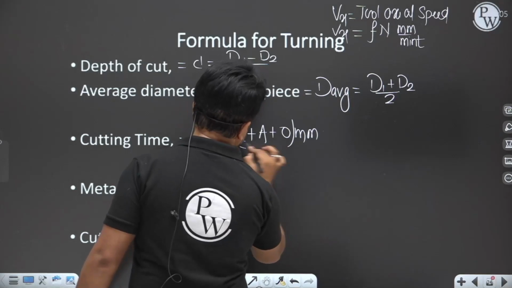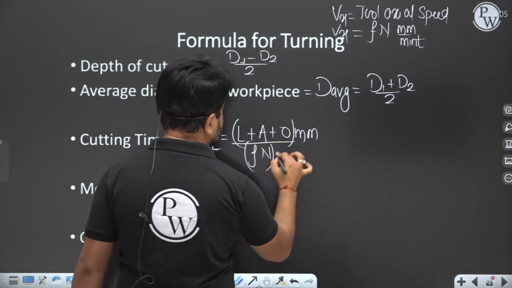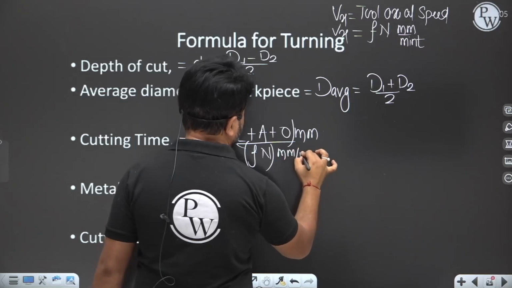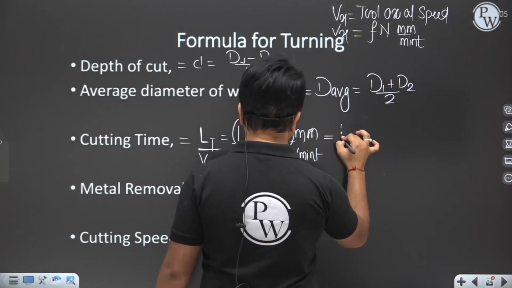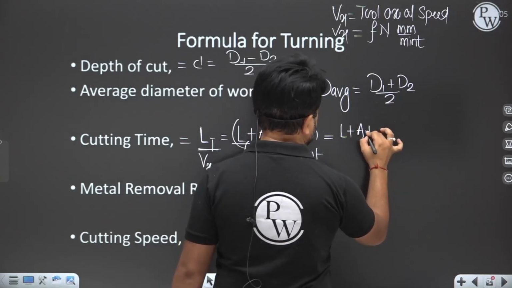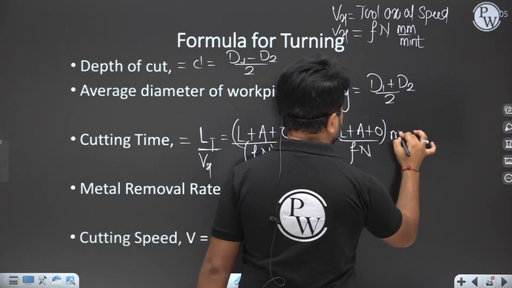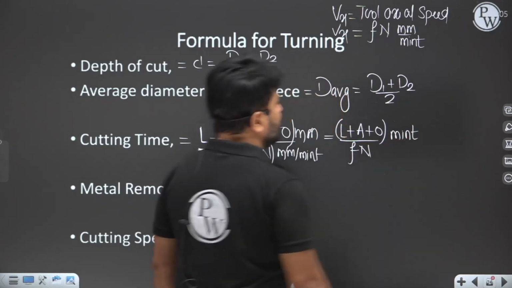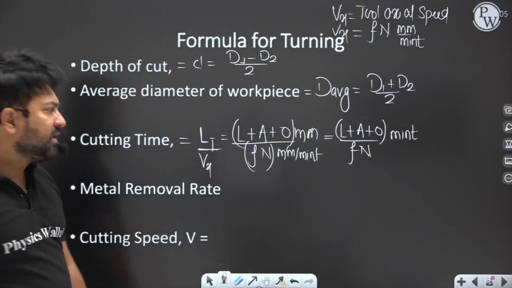Now the mm will cancel. It will become L plus A plus O divided by F into N, in minutes. Generally it comes in minutes. If you want to convert into seconds, you can multiply by 60.